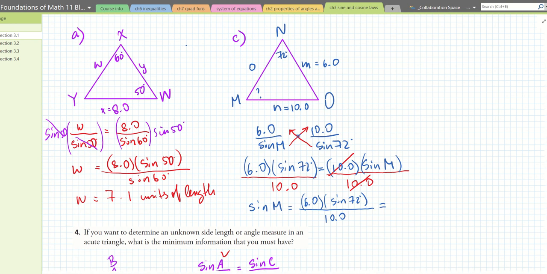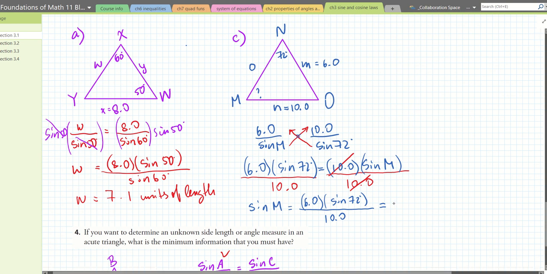Don't delete it so you don't have to round anything. So you're going to do 6 times sine of 72. You get like 5.7. Divide by 10, and we get this number. So you keep this number on the calculator. The only reason I'm writing it down is so you can see the step, but I would not write this down normally. I would just take the sine inverse.